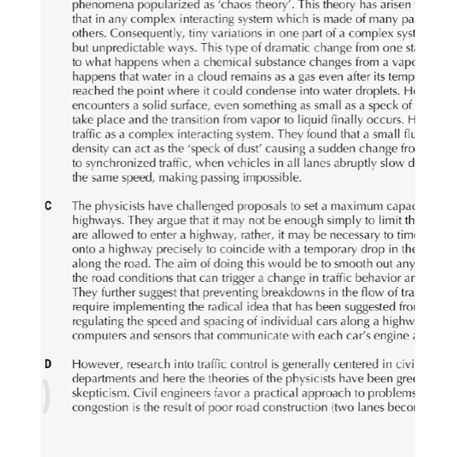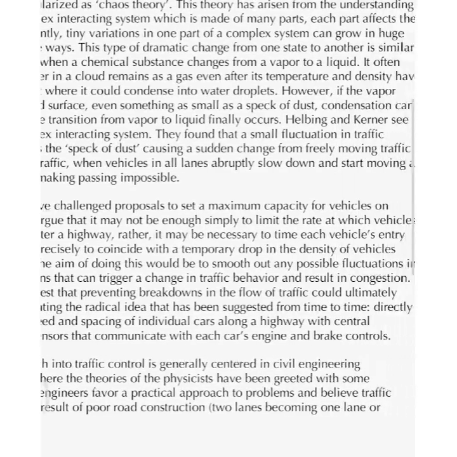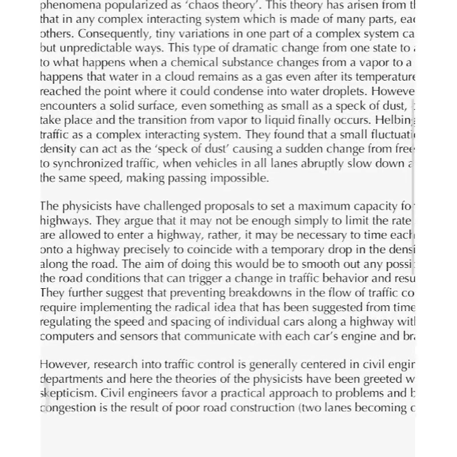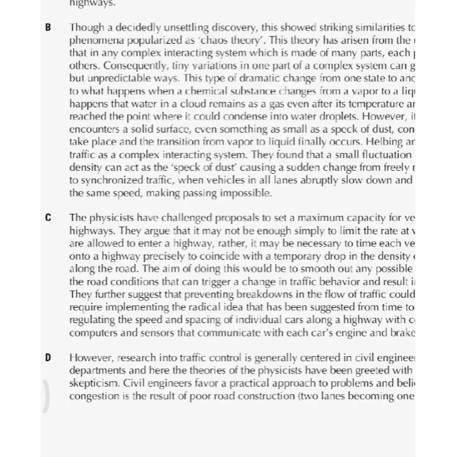Some of the people must have said that this number of vehicles can be on the road, but the physicists have challenged that there should be a proper number of vehicles, like how many cars, how many trucks, what number of huge vehicles should be allowed on the highway.